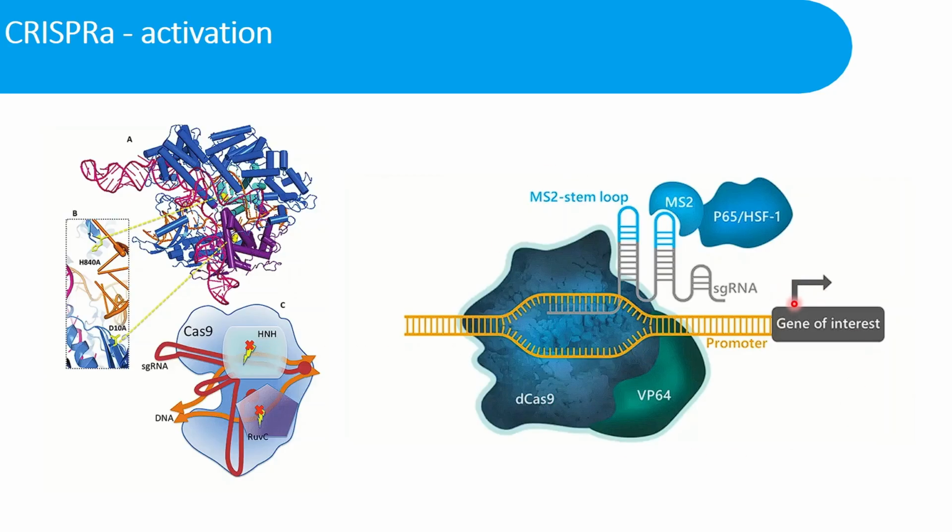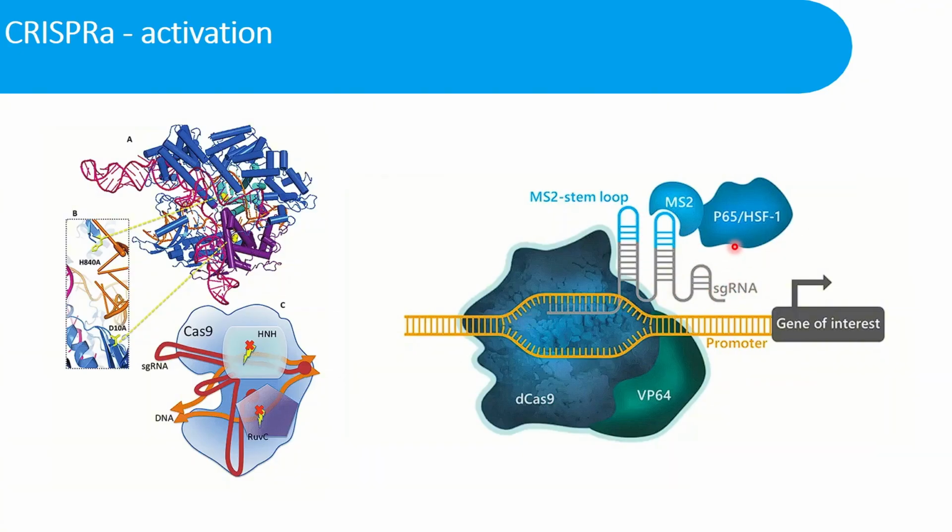And here we can see one of the CRISPR activation systems. This is actually the SAM or synergistic activation mediator. And here you can see that the Cas9 is fused with VP64, and also the gRNA here is a little different than the gRNA in the knockout CRISPR.